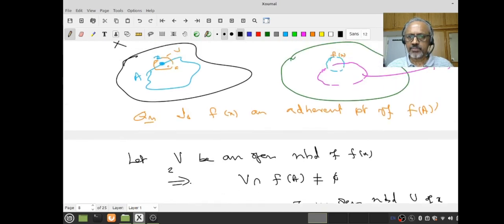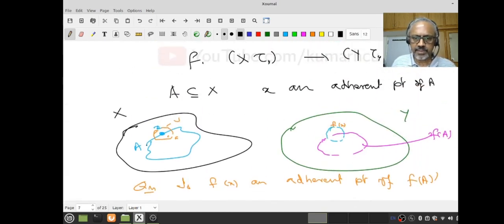I start with a subset A and let x be an adherent point. I want to know if f(x) is an adherent point of f(A). To prove that, I started with an open neighborhood V of f(x).